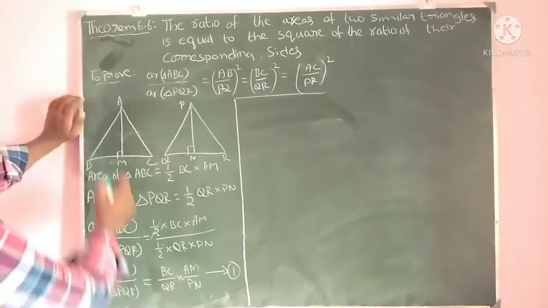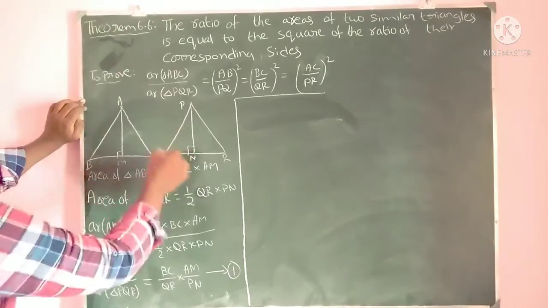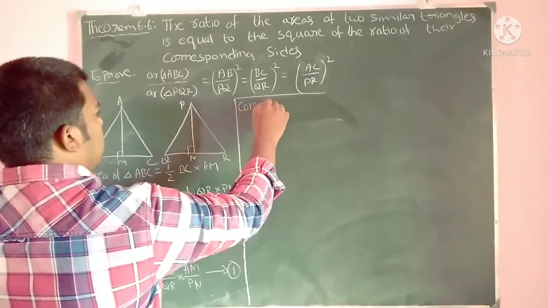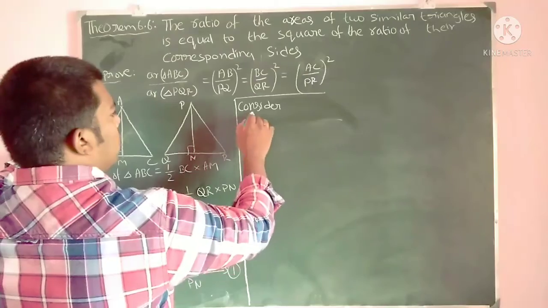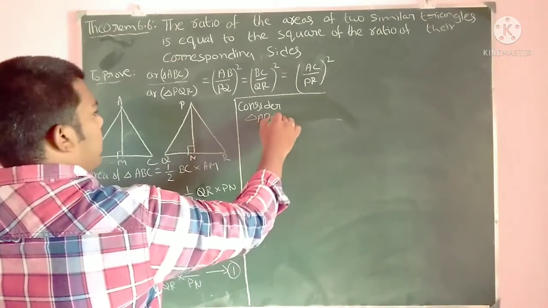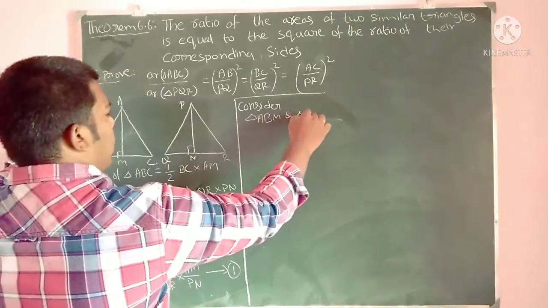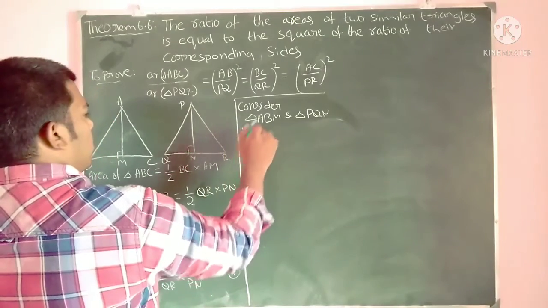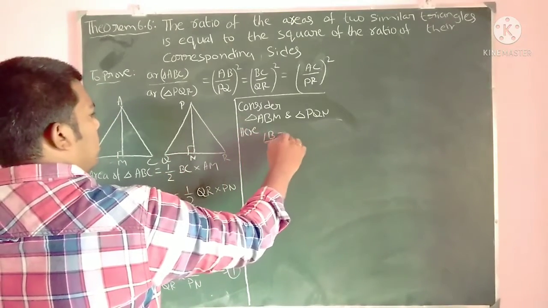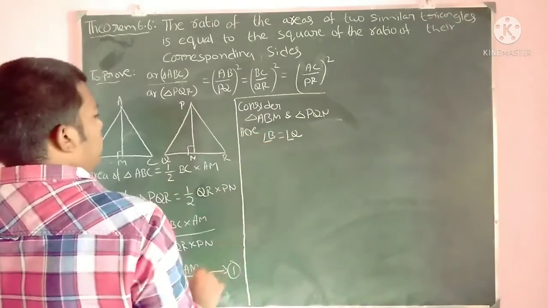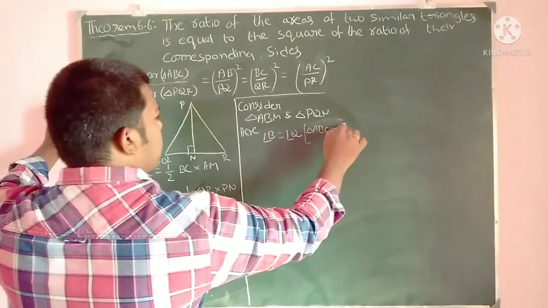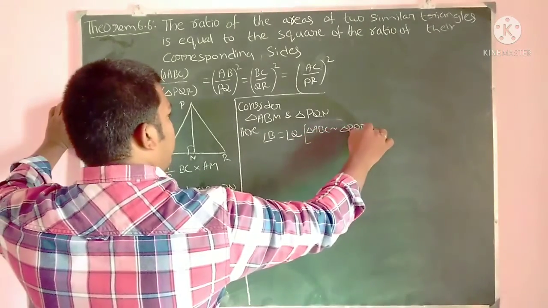Now I am considering the triangles ABM and PQN. So consider triangle ABM and triangle PQN. Here angle B is equal to angle Q. Why? Because triangle ABC is similar to triangle PQR.